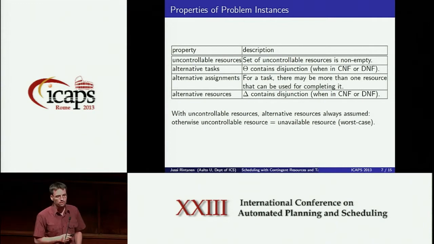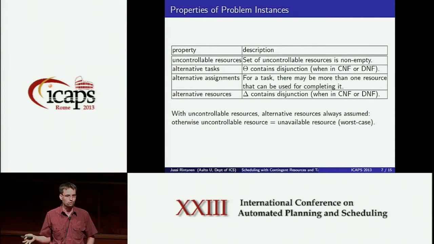And here are some properties of scheduling problems I will be using in the next slides. So uncontrollable resources, this property, when the set of uncontrollable resources is non-empty, so some of the resources can't be controlled. Alternate tasks, we have actual disjunction in the formula describing what tasks are sufficient. Alternate assignments for a given task, there might be several resources that can be used for completing it.